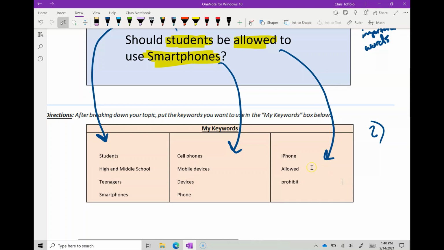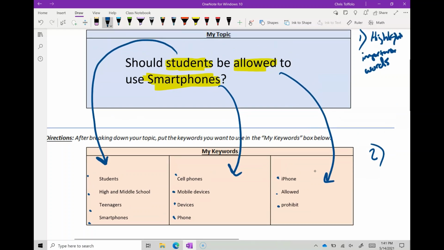You prohibit something. So I have 10 different keywords here that I've generated just from these three words from my topic. So now these words that I have here are going to be the words that I'm going to use to put into the database to try and find the appropriate sources that I need for my project.